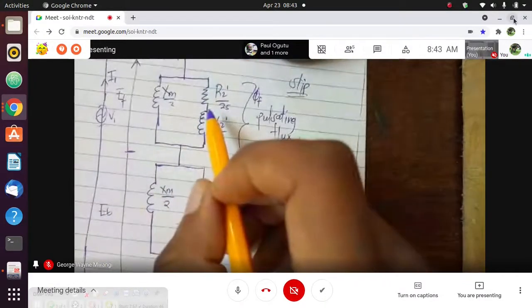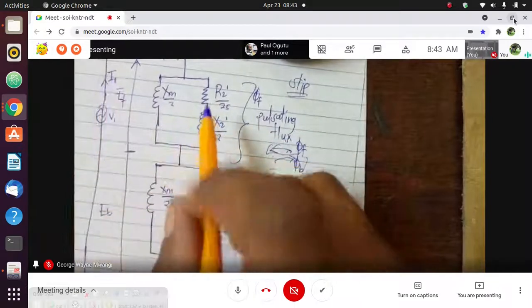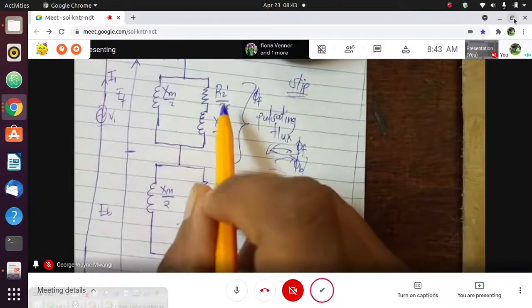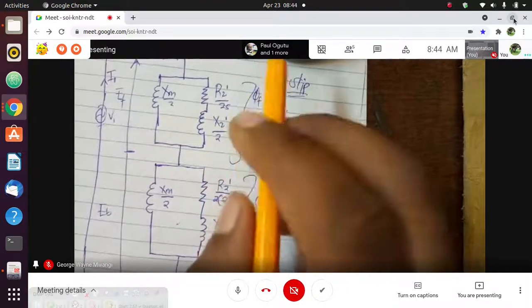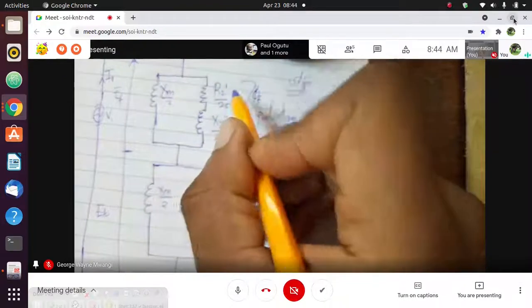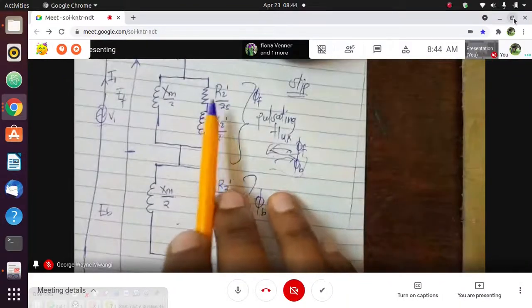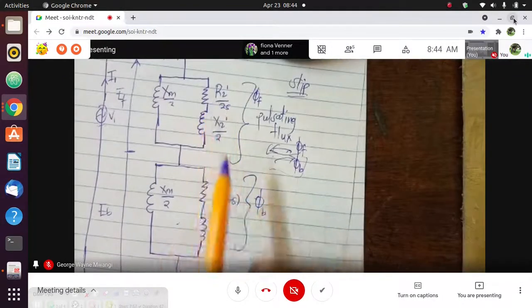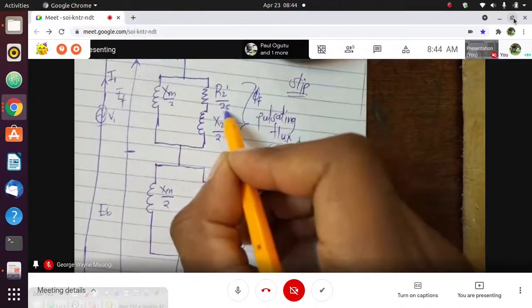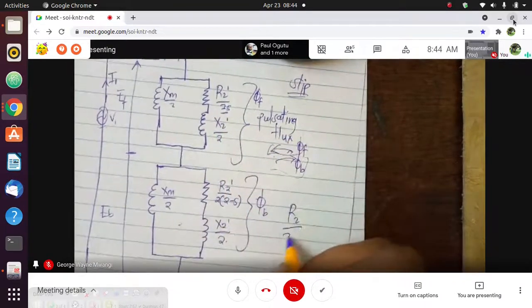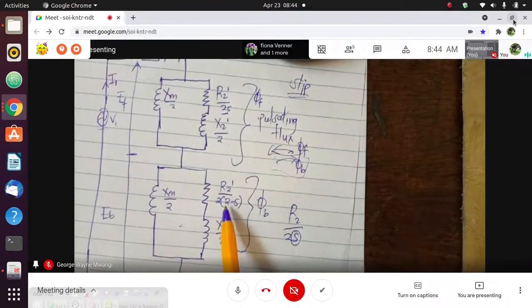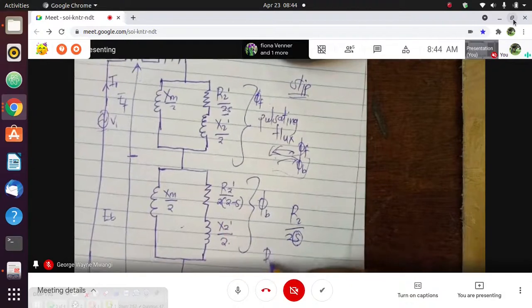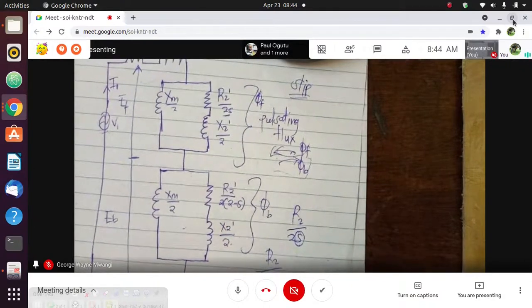The resistance of the rotor circuit when it is moving in the forward direction, with respect to the forward flux, is taken as R2 over 2S, S being the slip, and the resistance of a rotor moving in the backward direction is taken as R2 over 2 minus S, where S is the slip.